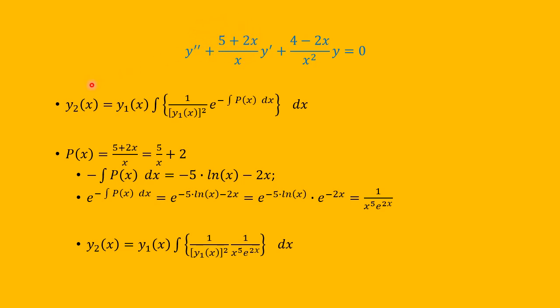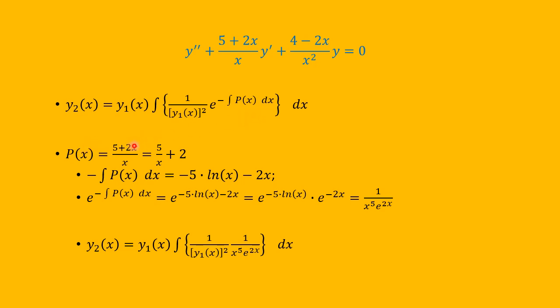Well, p of x in our differential equation was 5 plus 2x over x, which can be written as 5 over x plus 2. So minus the integral of p of x dx is going to be minus the integral of 5 over x, which is minus 5 log x, minus the integral of 2 dx, which is just minus 2x. We can forget about the constants of integration.